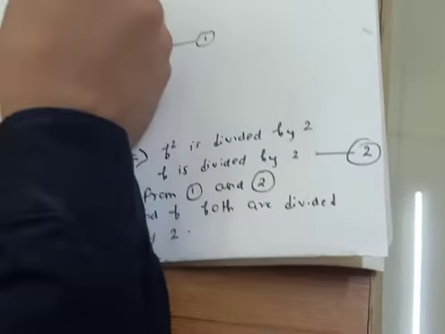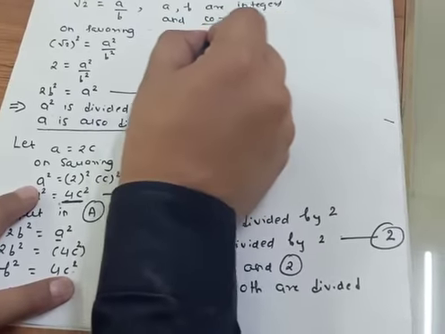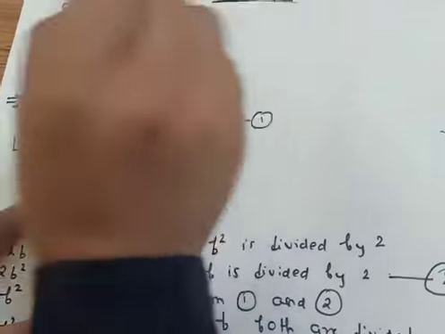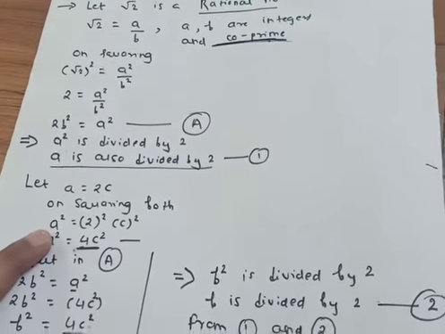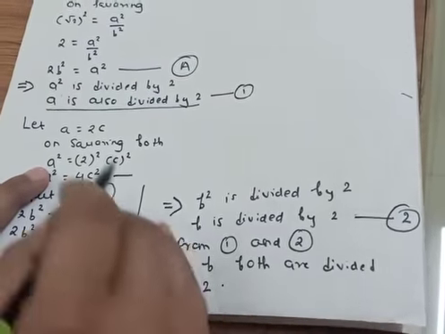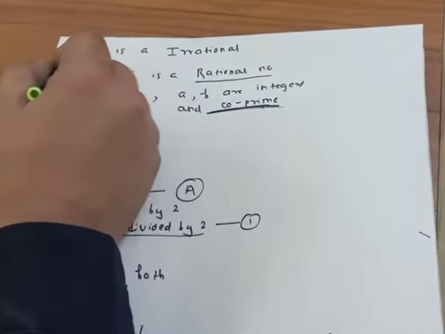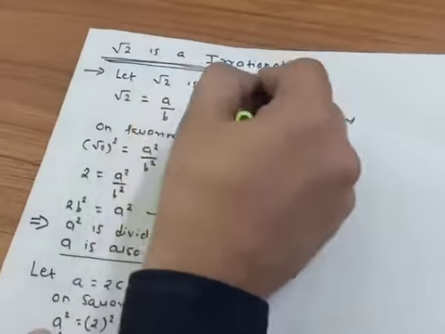So what have we assumed? We have assumed that a and b are integers and co-prime numbers. Co-prime numbers are numbers which are not divided by any number. But now we have proved that a and b both are divided by 2. It means that our assumption that it is a rational number is wrong. So 100% root 2 is an irrational number.